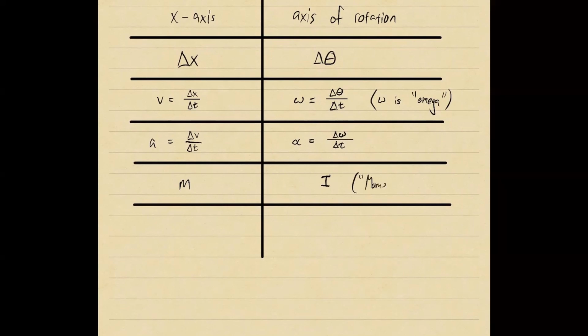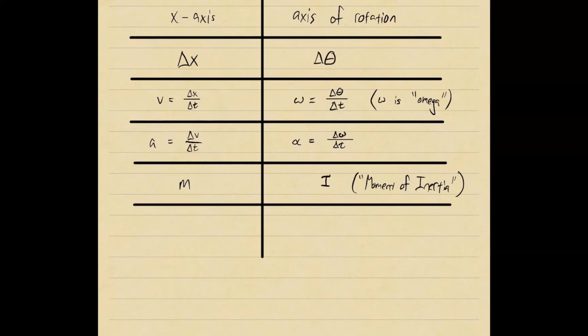This just details how hard it is to spin an object around the axis of rotation. The larger the moment of inertia, the harder it is to angularly accelerate that object around its axis of rotation, much like the heavier our object, the harder it is to accelerate it.